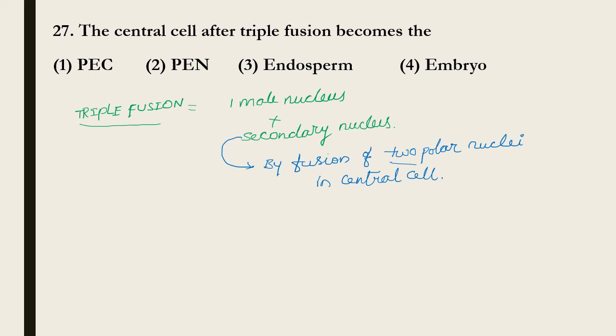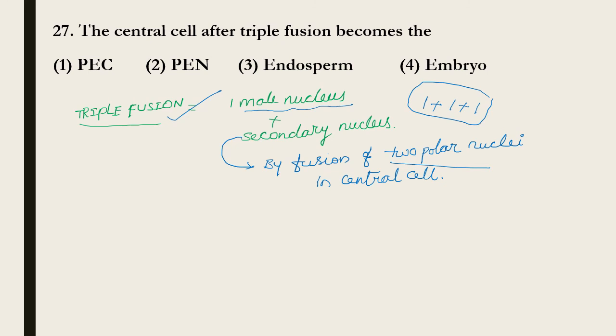So here there are two polar nuclei and one male nucleus, one polar nucleus plus one polar nucleus plus one male nucleus. A total of three nuclei are fused together. That's why it is called triple fusion.